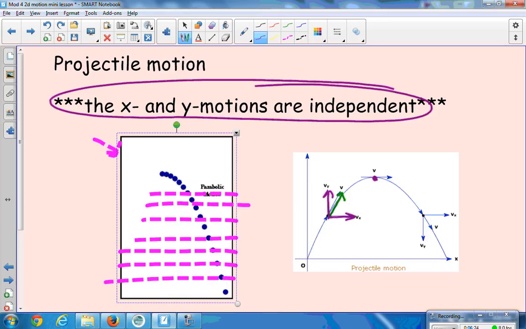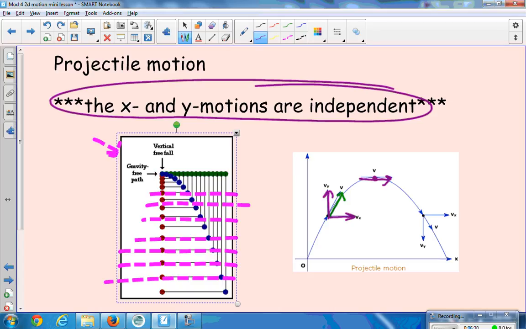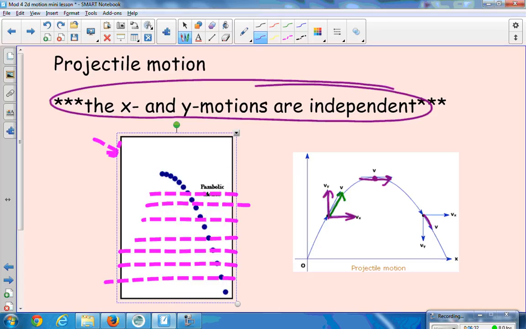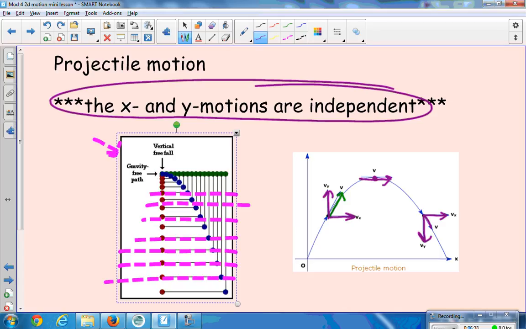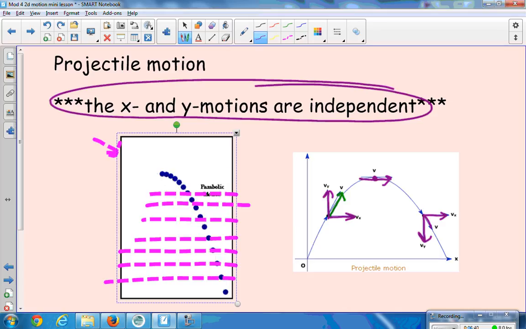Notice that there's no vertical component at the top. It's only going sideways at this point. And every other place down here, the velocity gets split up into the two parts. You have both a vertical and a horizontal. Notice that the velocity is pointing up here and pointing down here, and there's no vertical velocity at the top.